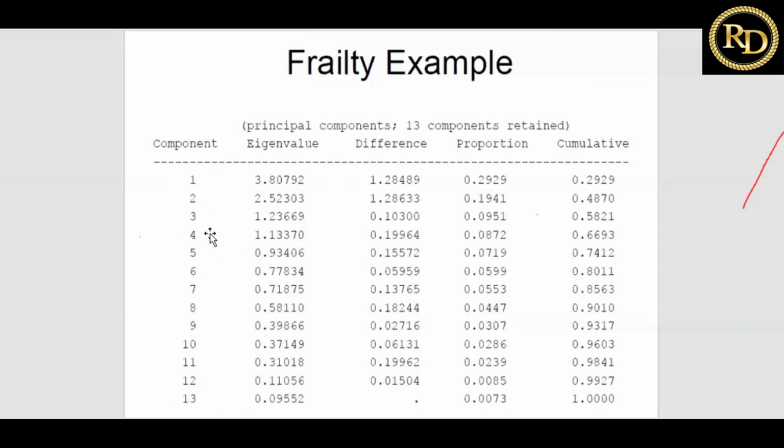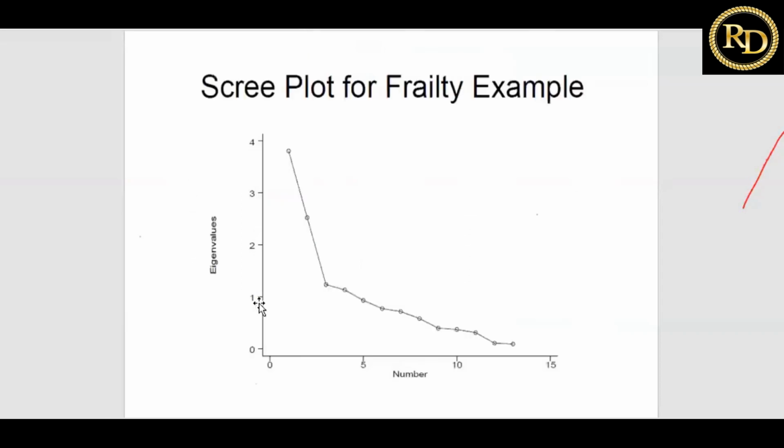There are 4 factors, so 4 components, which you can see in the scree plot as well. So both ways you can decide about your factors. This is the first factor, second, third and fourth, which have more than 1 eigenvalue.